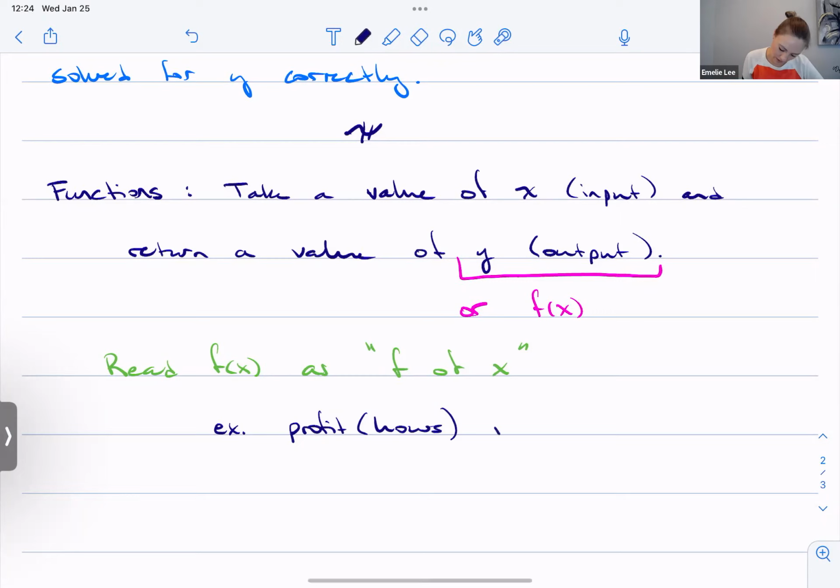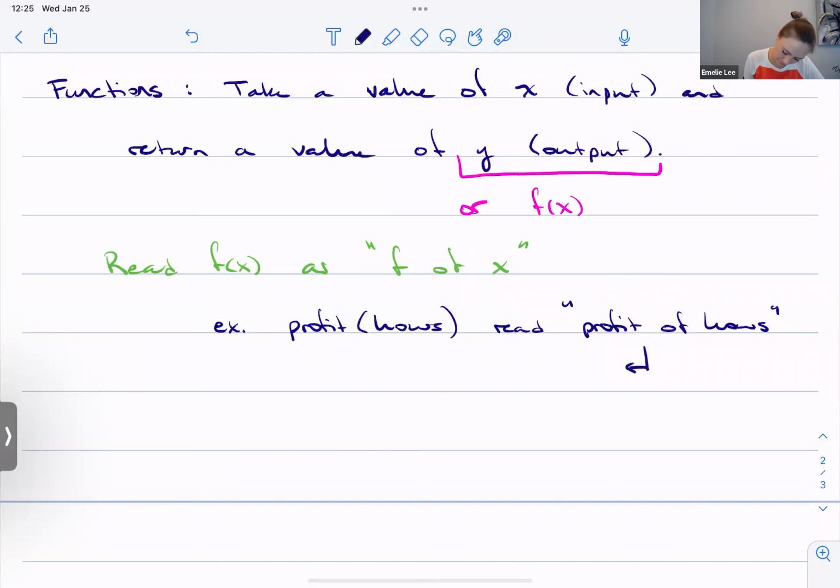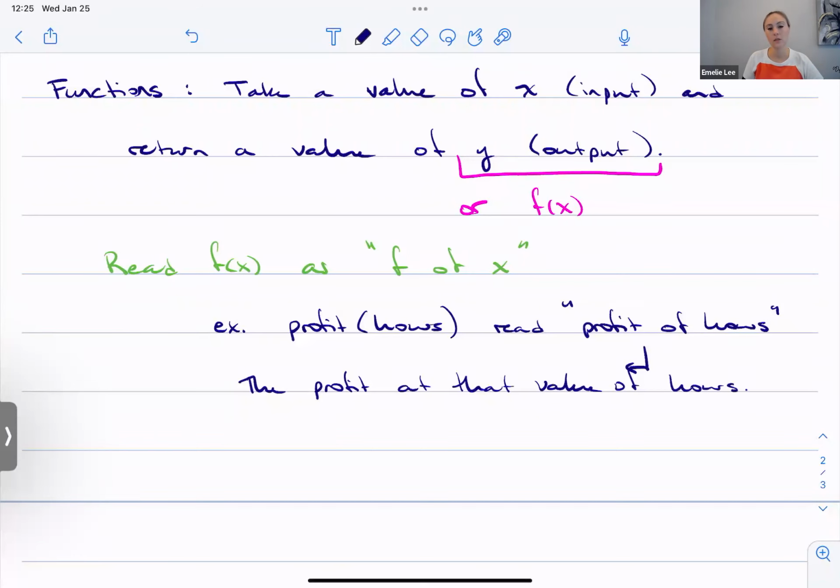So you're going to read profit of hours, but it's really just the profit at that value of hours. It's good to have the lingo down.